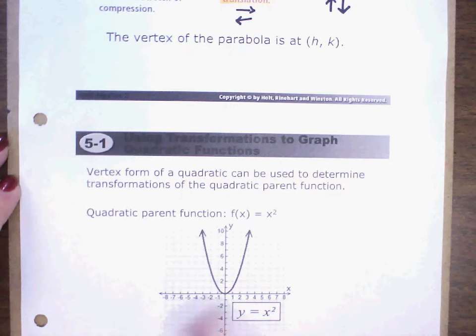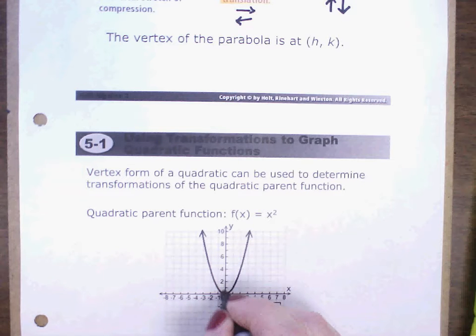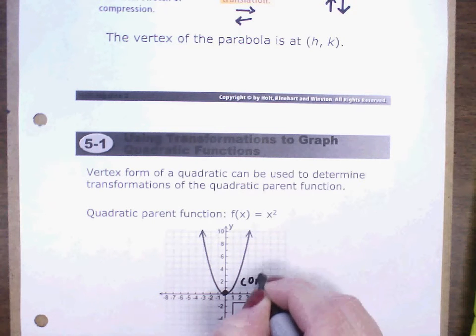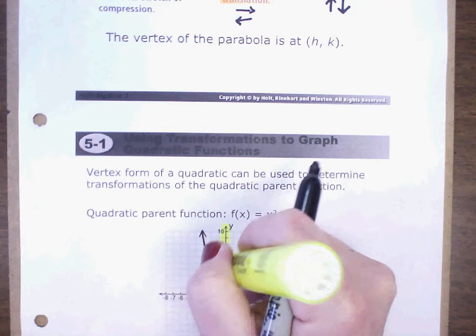Now, tell me what the vertex of that parabola is. What's the vertex of that parabola? Let's see if you know what vertex is. Say that again. 0, 0. Very good. The vertex of that parabola is this right here, which would be 0, 0. So in other words, is your axis of symmetry. What's the axis of symmetry over here?